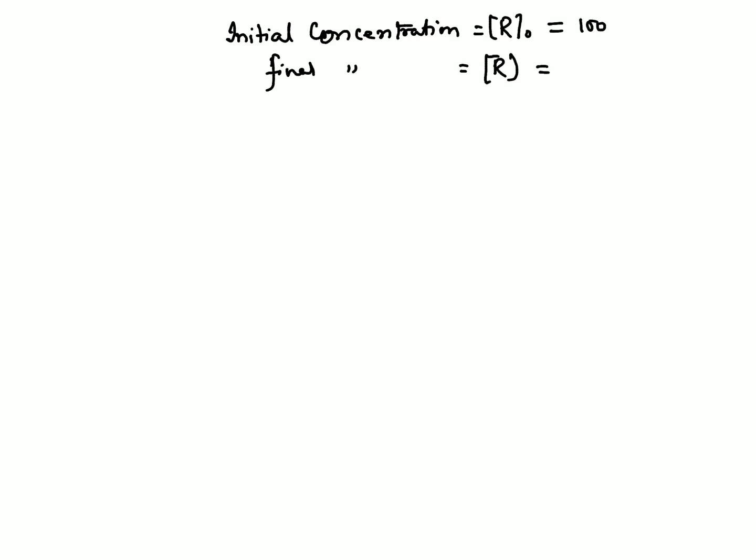Our initial concentration R0 is equal to 100, and the final concentration will be 60, as 40% has been completed, and the time is given 80 minutes. So first of all we will find the value of K. K is equal to 2.303 by T log R0 by R. You have to remember this formula, my dear students, very, very important formula it is.